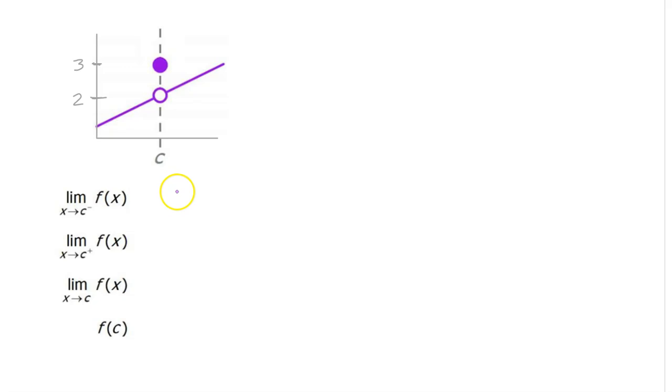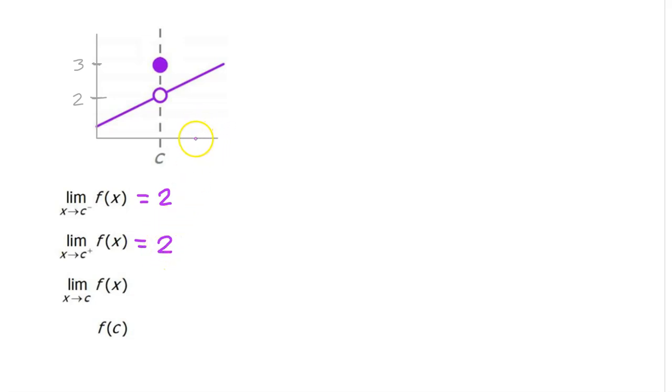Pause the video for a moment and evaluate these 4 expressions by yourself. I'm going to assume that you did that. So the limit as x approaches c from the left is 2. As the input values approach c from the left, the output values get closer and closer to 2. The limit as x approaches c from the right of f of x is also 2.